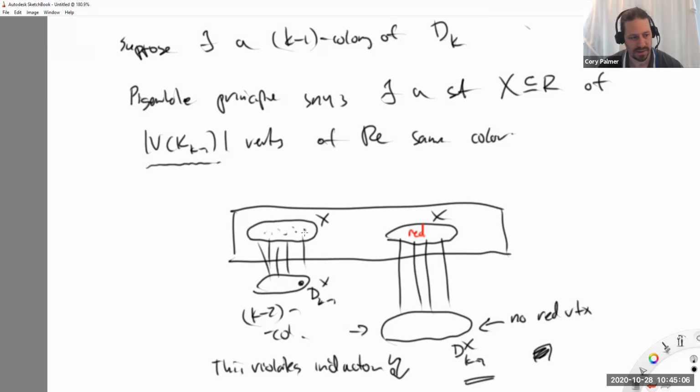Like this vertex can't get the color of that vertex, and so on. That doesn't mean you can't color D_{k-1}. Just because you lost one color at each vertex doesn't mean you're out of luck. You might be, but it doesn't guarantee it. But in this scenario, when they're all the same and you have this matching, you lost a color here, and you can't afford to lose a color because you need all k-1 colors in those copies.